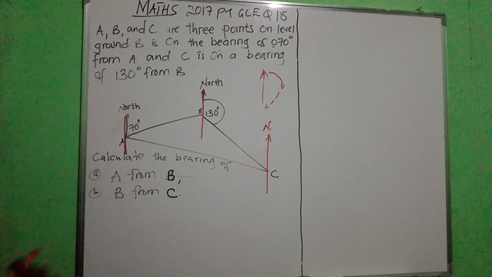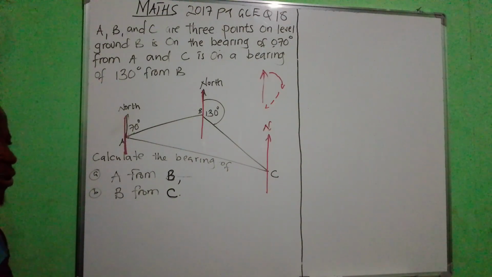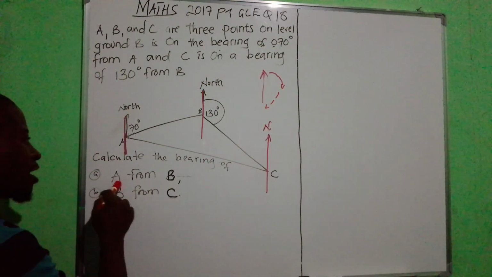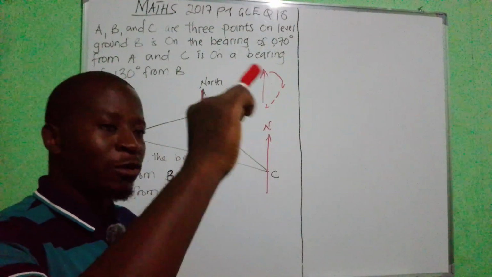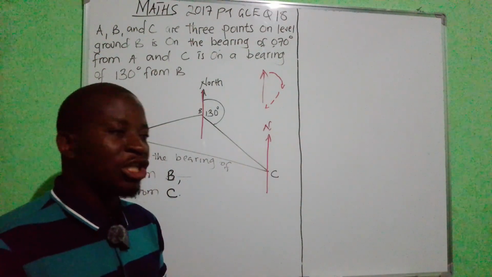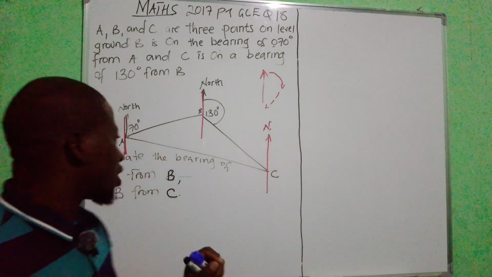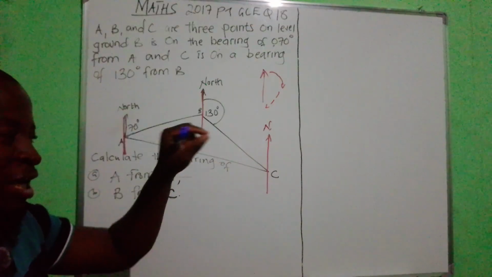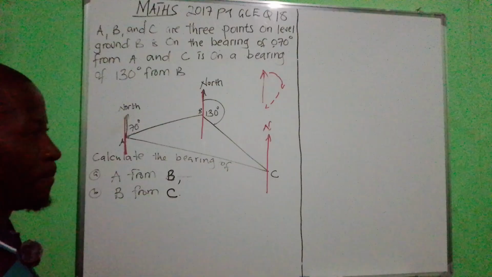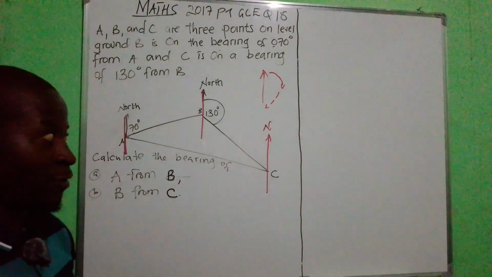When you read your statement like this one, where you've been asked to say, calculate the bearing of A from B, it means you stand at B, then you start rotating in the clockwise direction until you meet the line that is attached from B going to A. That's how we calculate bearing.